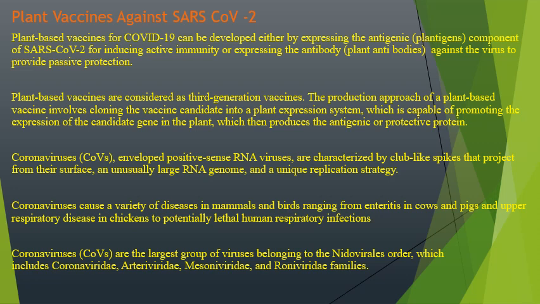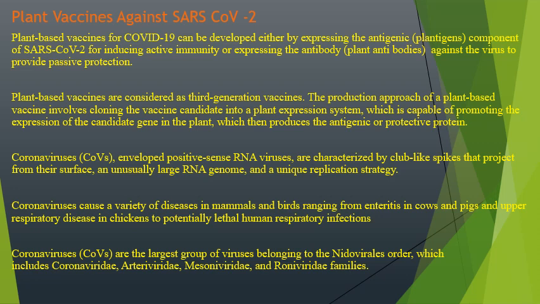As we know, coronaviruses are enveloped positive-sense RNA viruses and are characterized by club-like spikes that project from their surface, an unusually large RNA genome, and a unique replication strategy.